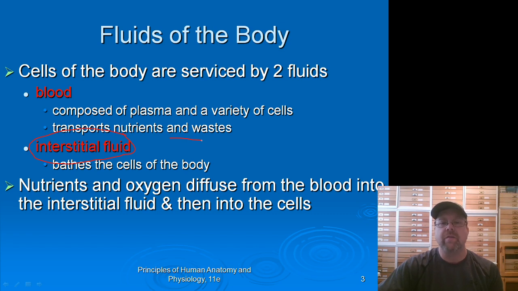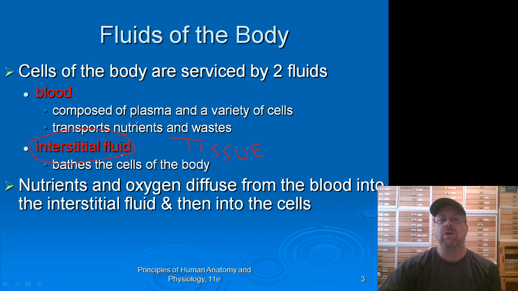So you can think of it as tissue fluid. Blood is going to transport nutrients, hormones, that kind of thing. But not all cells are right next to the blood. So blood has to transfer that material and then move it into the interstitial fluid.